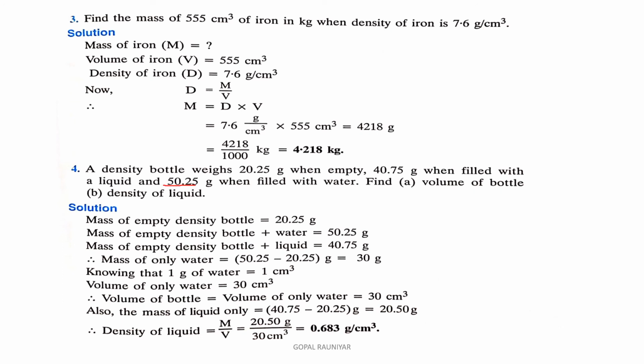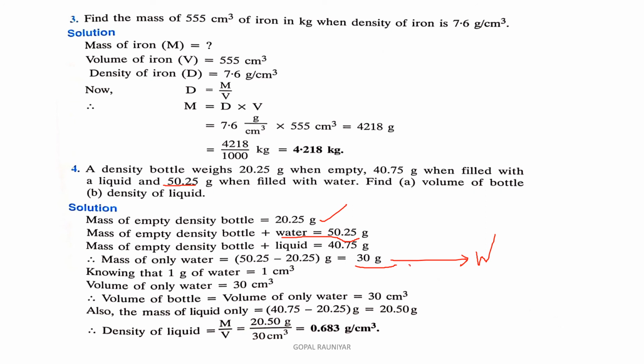So first we have to calculate the mass of only water. The mass of bottle plus water is 50.25 and the mass of empty bottle is 20.25. What we have to do? Subtract 20.25 from 50.25. That will give 30 gram. That is the mass of only water. After that, we know 1 gram of water is equal to 1 centimeter cube.